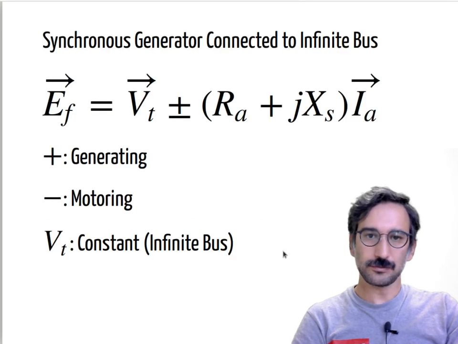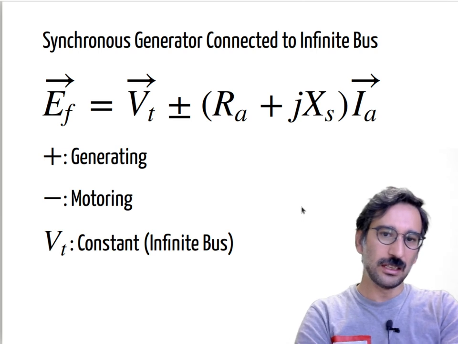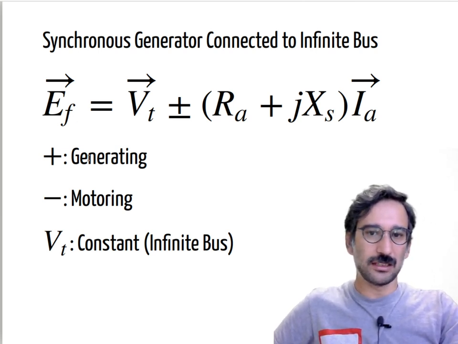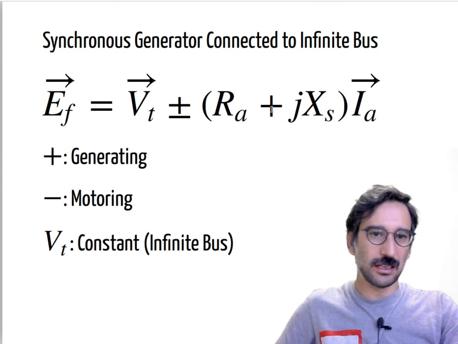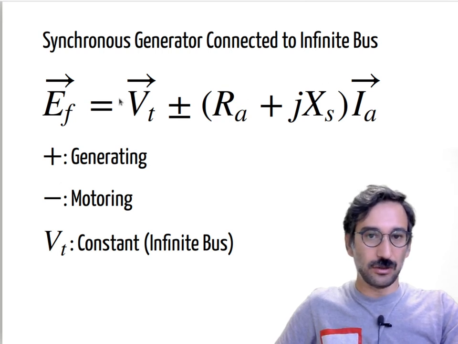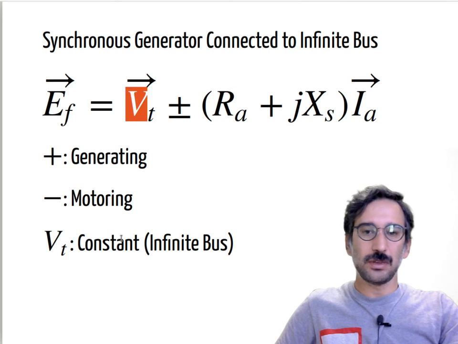So you can write the equation, and it is still like that: EF equals VT plus RA plus jXS times IA if it is working as a generator, nothing different from what we did. The sign is minus for motoring and plus for generating, but now the VT term is constant.